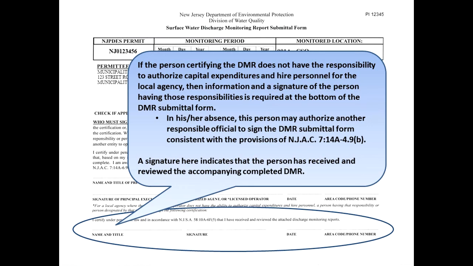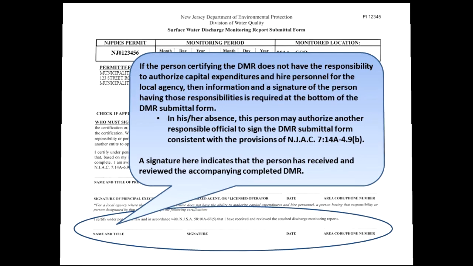Just as was the case with the first certification on the DMR submittal form, the official required to certify the DMR at this location on the form may also authorize another responsible official, consistent with the provisions of N.J.A.C. 7:14A-4.9(b), to certify the DMR on their behalf.